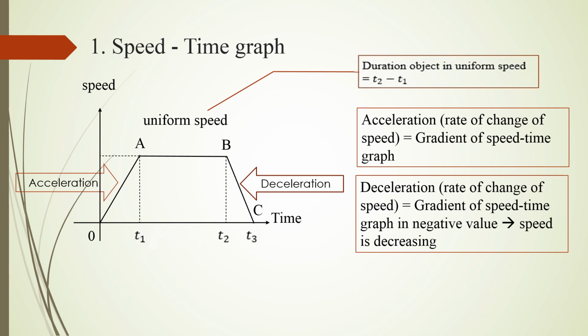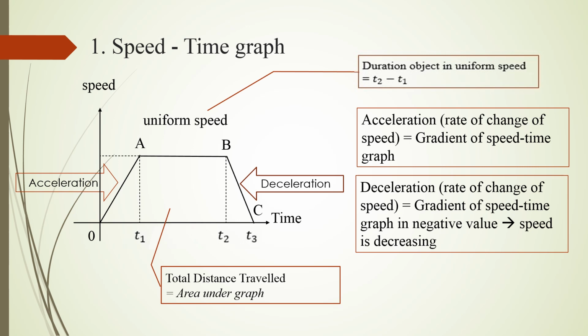Zero gradient indicates the object is moving at a uniform speed. This part normally will ask the duration the object is in uniform speed, t2 minus t1.